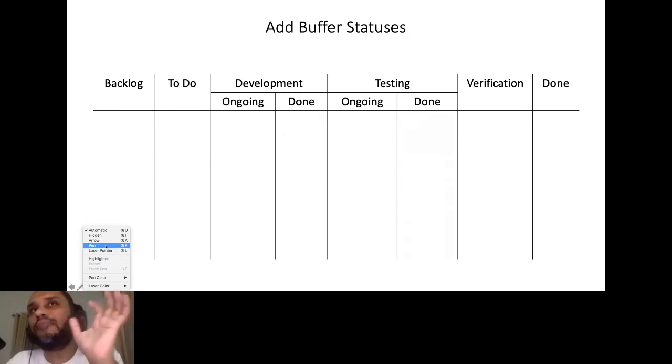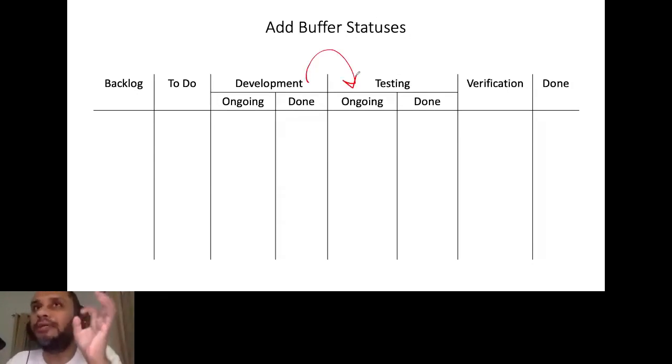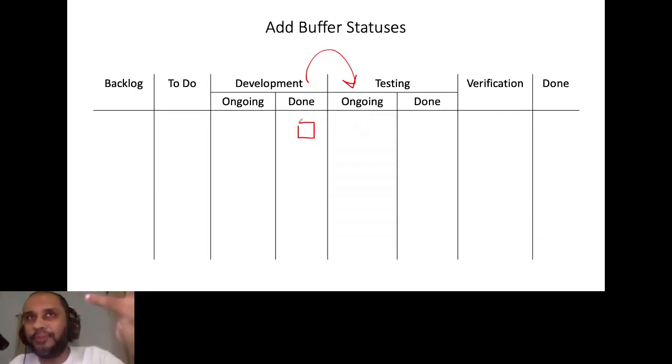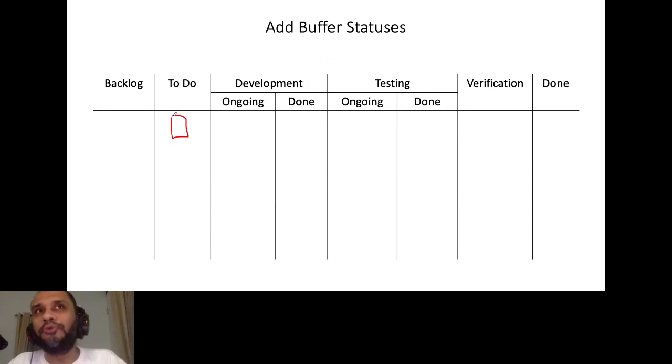Development will do their work and testing needs to now pick up the work from development. Let's start with this. The developers start doing their work. From to-do state, the developers move that ticket into the ongoing state. Then the developers finish the work and they move it to the done state, development done state, right?